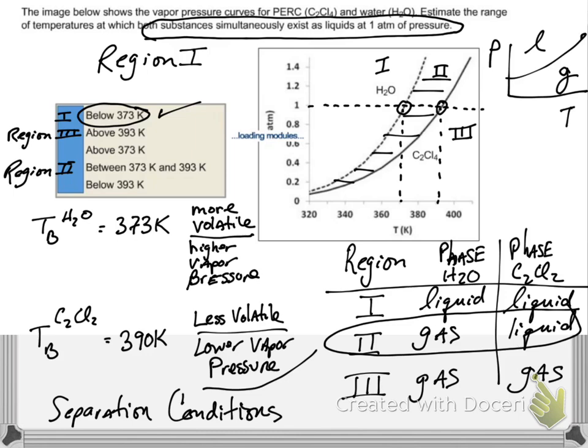This is usually done through distillation, and as we talked about in the moonshine problem, you can always capture the lower temperature boiler by distillation, by putting it in the gas phase and then collecting it in another vessel that's cold. But region 2 is really important to identify as the region in which you can separate H2O from C2Cl4.